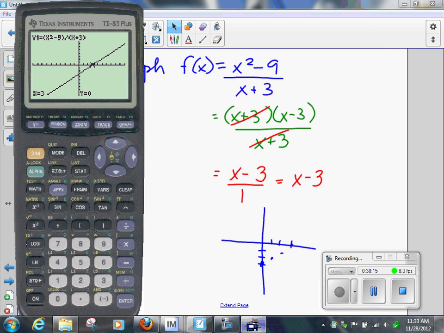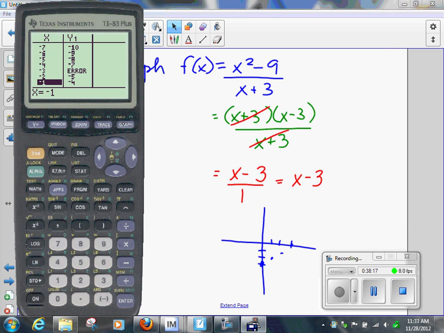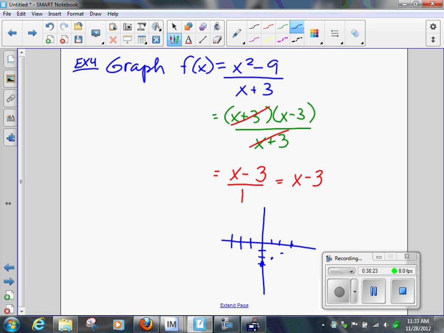Why? Look back at the table. Because if you look at the table, it says when x is negative 3, and if I were to graph this line, when I get to that point where x is negative 3 and I drop down, there has to be a hole in that graph, and then it continues on.